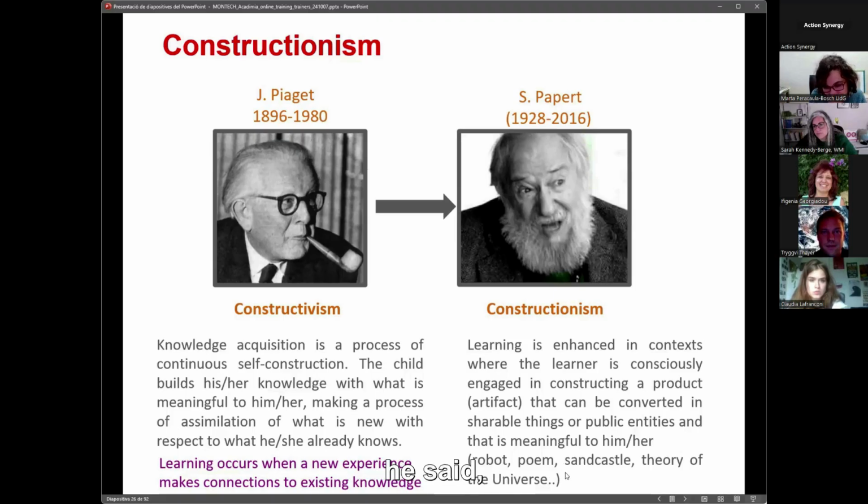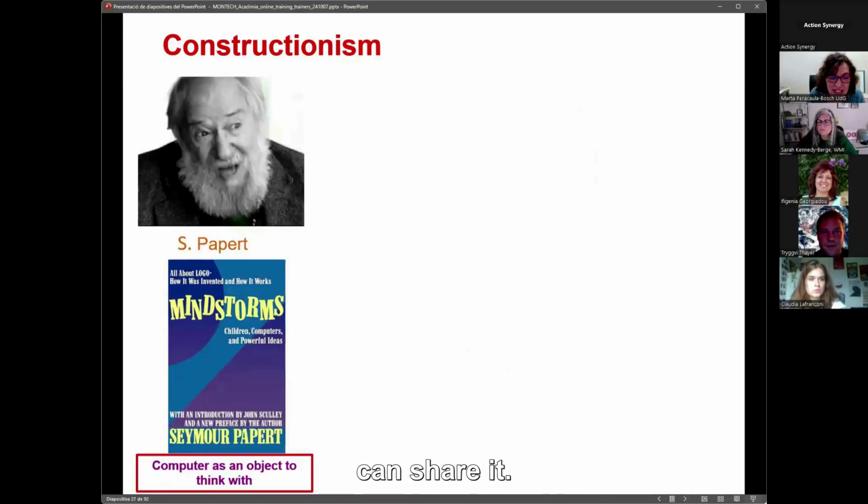A poem, he said, a sandcastle, a theory of the universe. You build knowledge for whatever, but in a way that you are constructing it and you can share it.